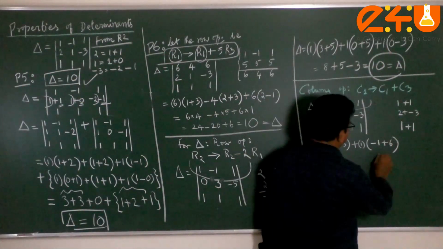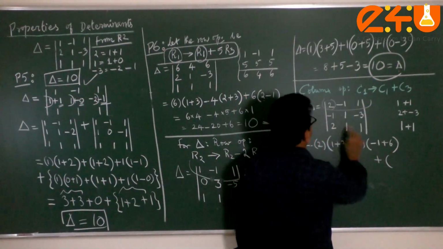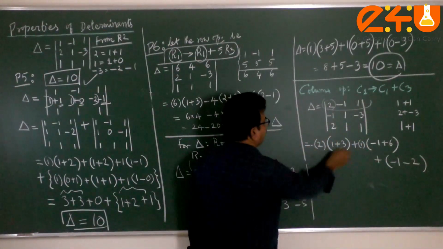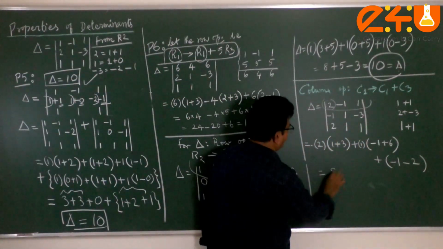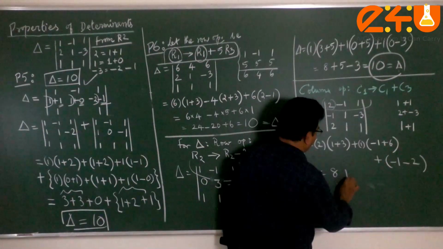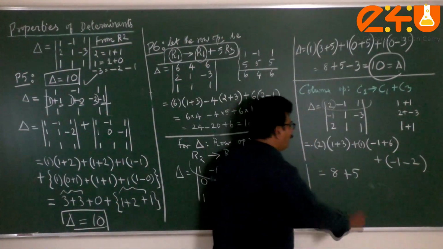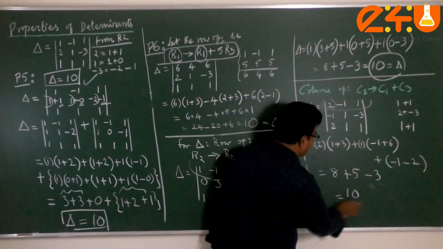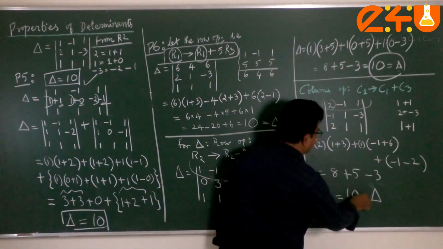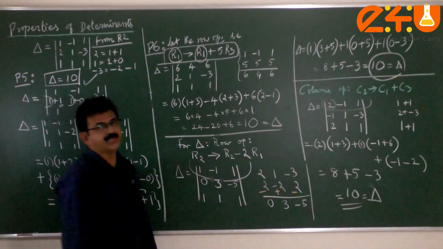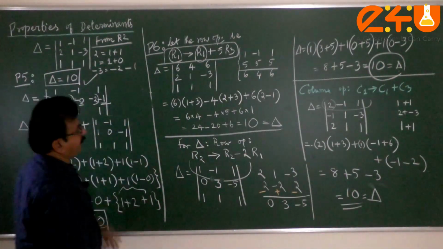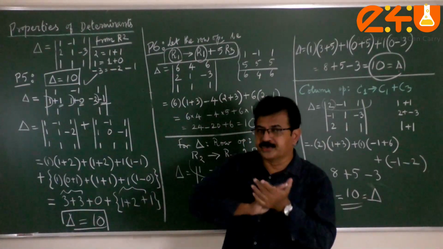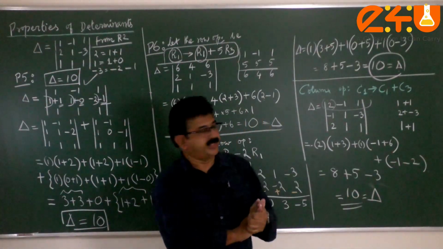Continue, plus 1 into minus 1 minus 2. So it becomes 2 into 4 plus 6 minus 1, that is 5, and minus 1 minus 2 gives minus 3. So 13 minus 3, so once again it is 10, which was the value right from the beginning, no change. So this is what demonstrates the property P6.